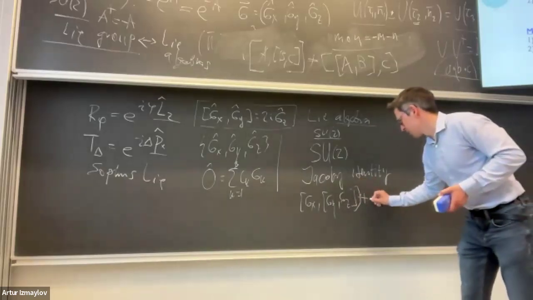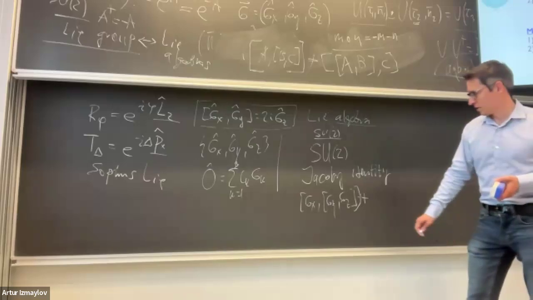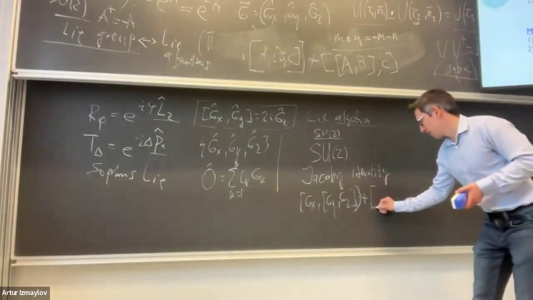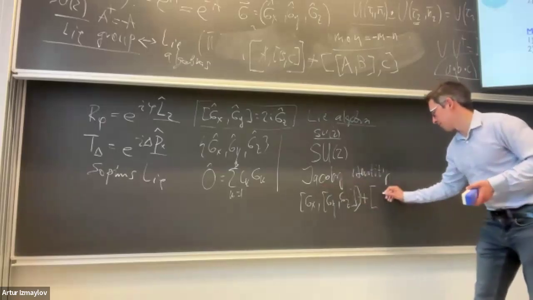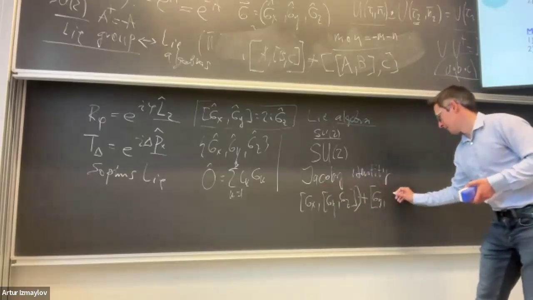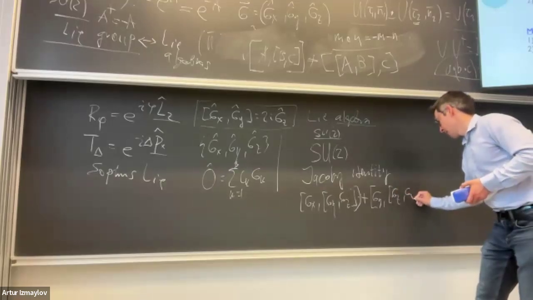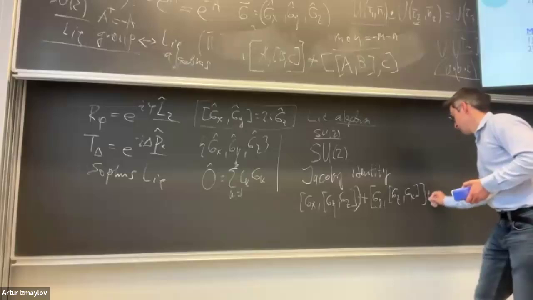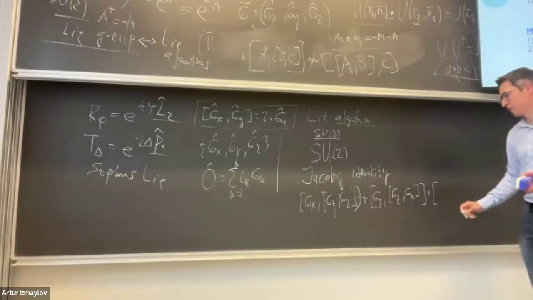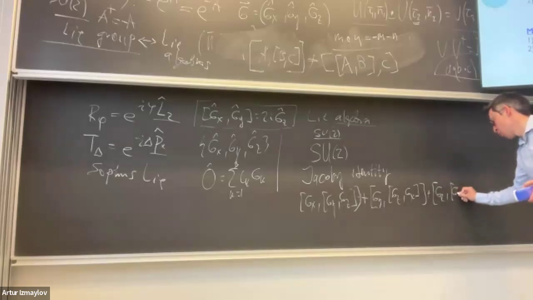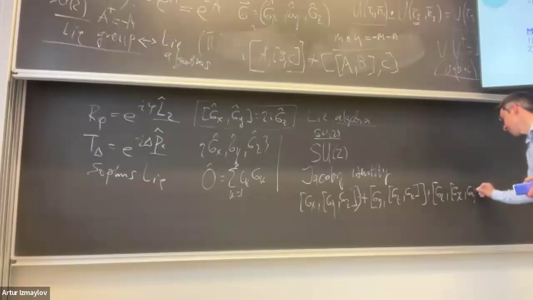using the circular permutations. So let's say we write these three elements like this, and then we start shifting them: sigma y, then sigma z, sigma x, plus another shift, which will be sigma z, sigma x, sigma y, and that must be 0.